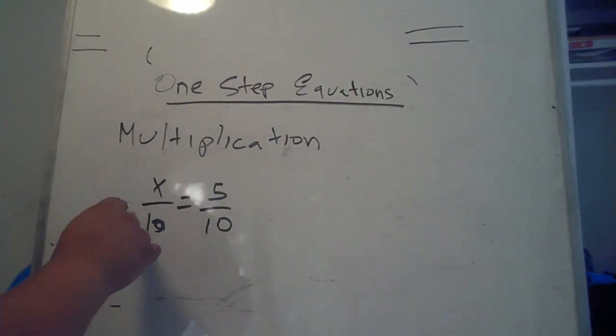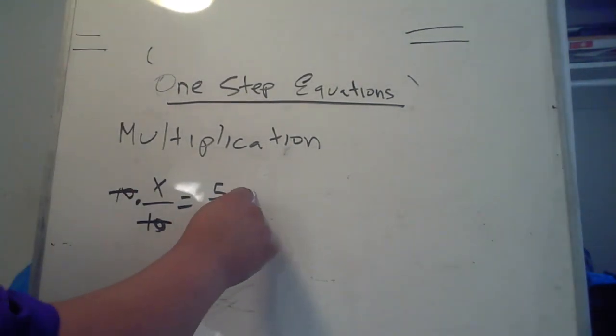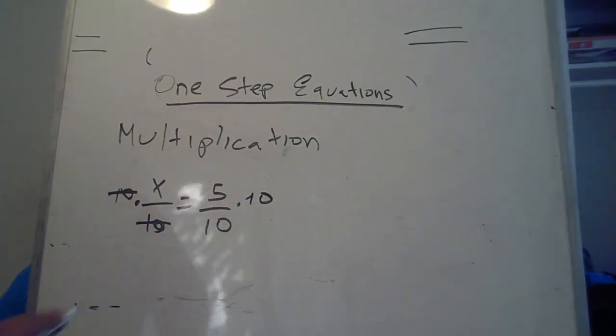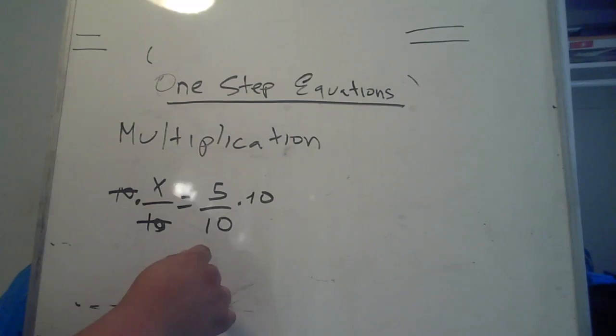Now we multiply. Remember our point is to leave the variable by itself. This is x over 10, so we're dividing by 10, so we multiply by 10. We cancel out. One little trick is that if this 10 divides this 10, you can just cancel them.